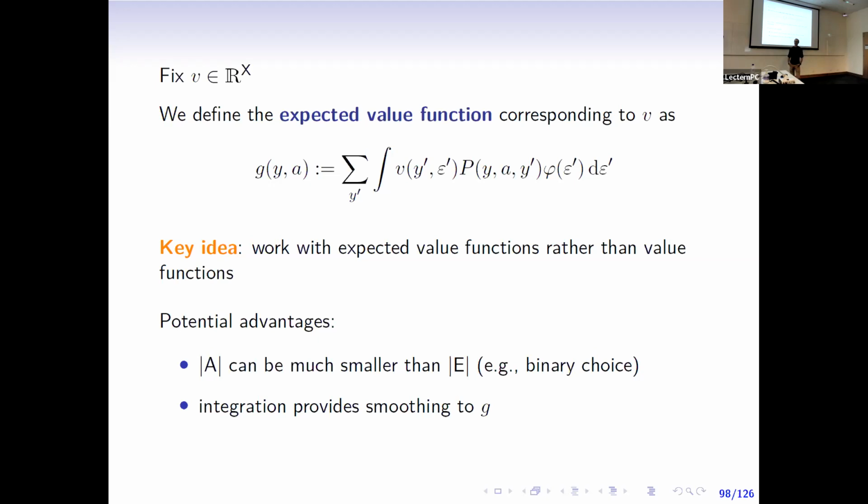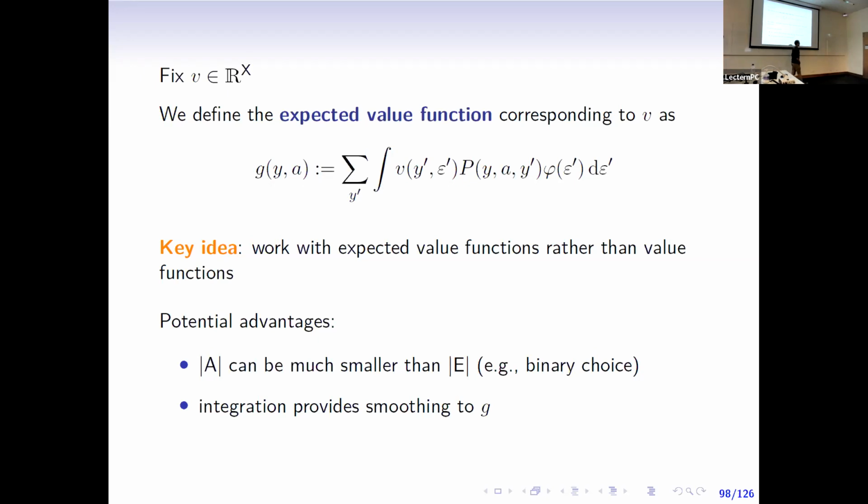And maybe that's advantageous. One way it might be advantageous, well, let's look at these. We've got V and we've got G. G depends on Y and V depends on Y, so that's no change. This one depends on A, the actions, and this one depends on epsilon, the shocks.